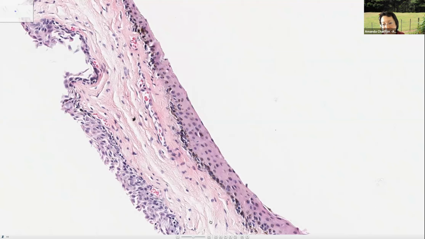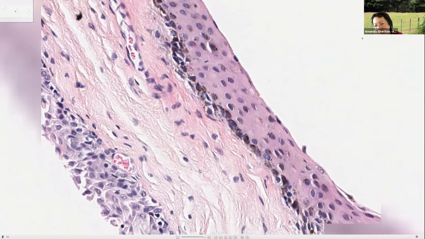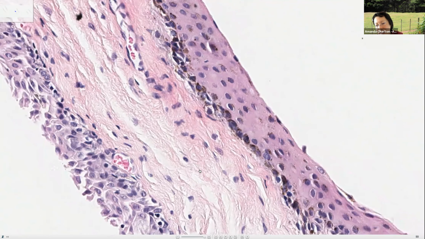And so my job is to determine what's the cause of this. Is this racial pigmented nothingness, or is it a melanoma, intra-epithelial melanocytic proliferation? So in this field here, I can see the brown cells that have increased pigment in the cytoplasm, and some of them have a retraction white space around the outside.